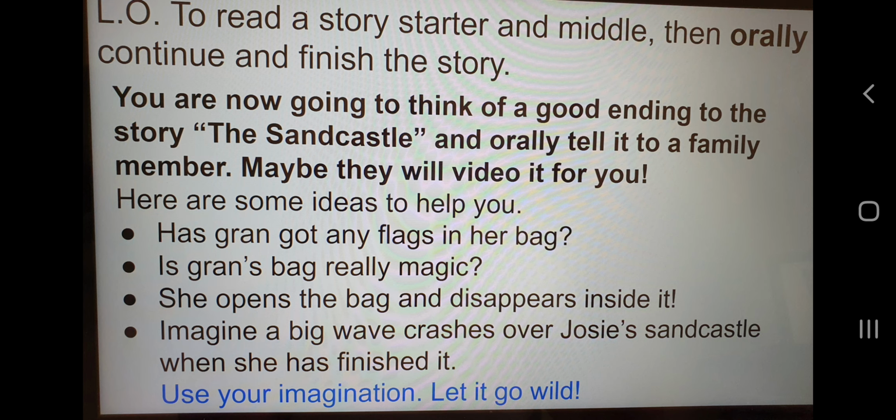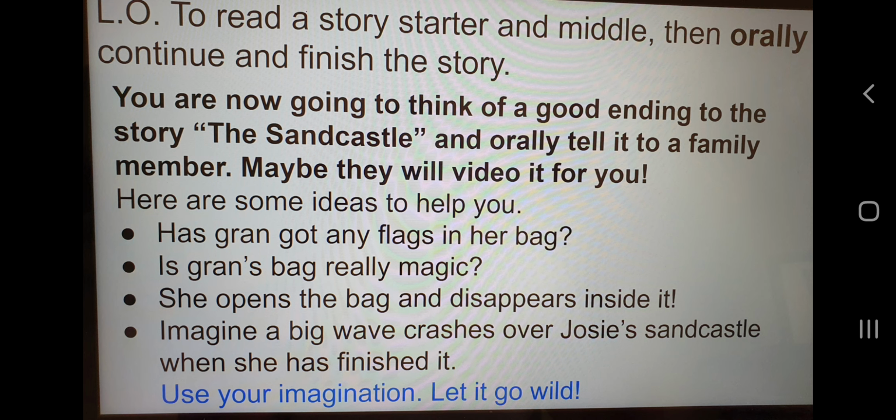First of all, do you actually think that Gran has got any flags in her bag? Is Gran's bag really magic? You could think about the Magic Key adventures, and is her bag magic, and does it take Josie anywhere? One idea you might have is that she opens the bag, it is magic, and she disappears inside it. Where does she go? What could happen?